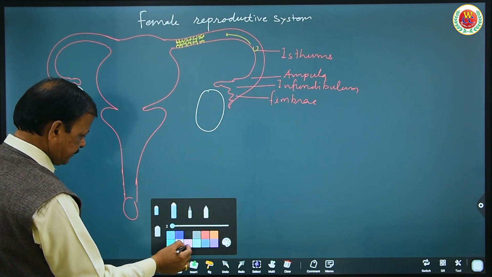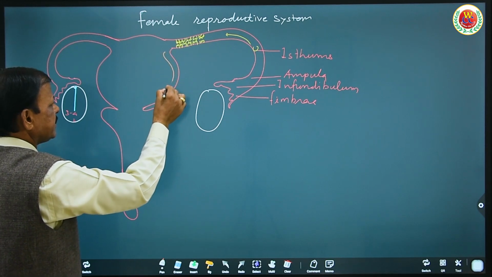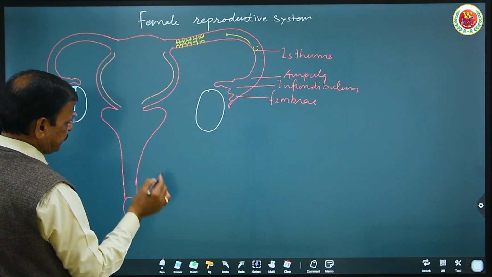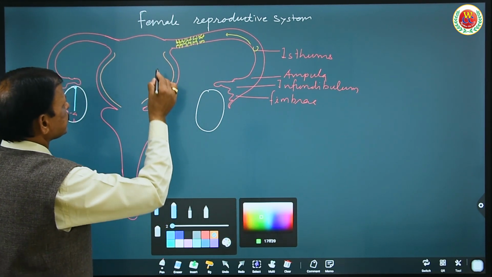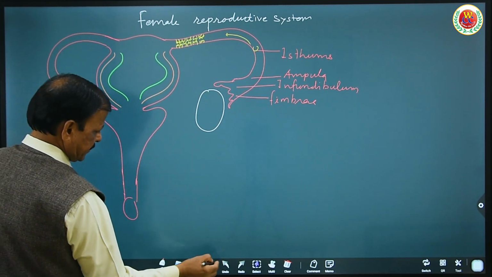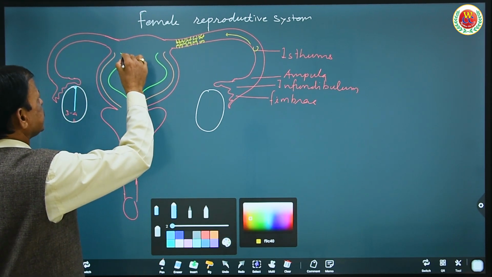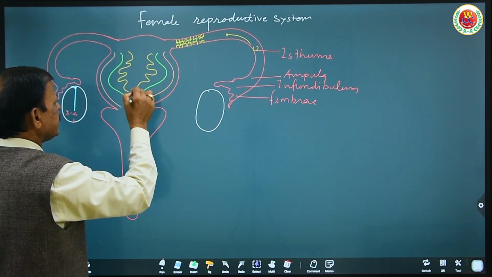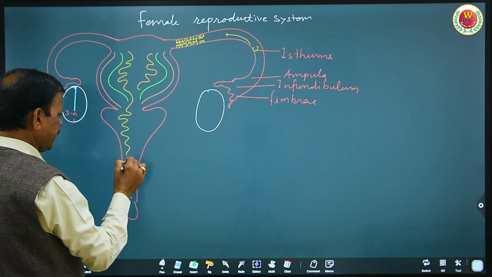To understand these 3 layers, I use 3 different colors. This one is the perimetrium. This is another layer, the myometrium, and this is the enfolded glandular structure called the endometrium.